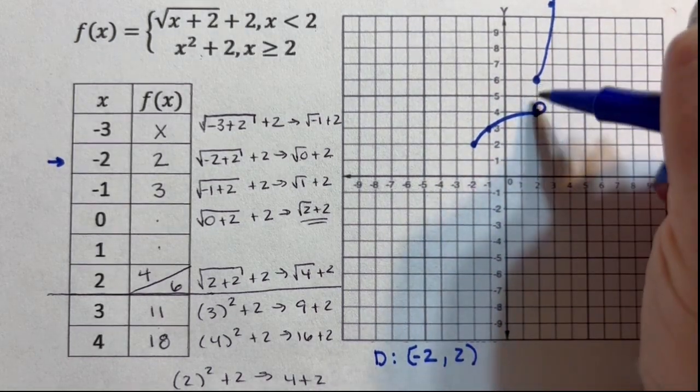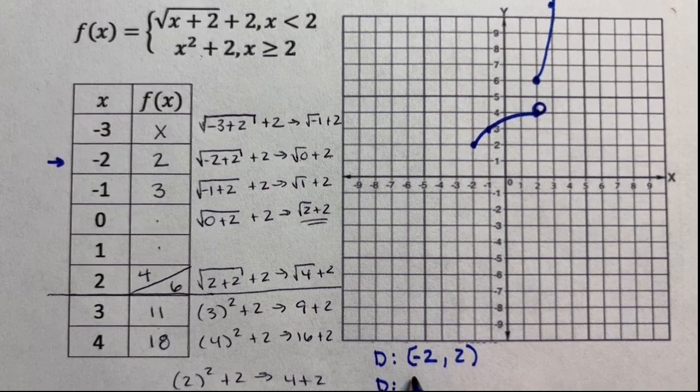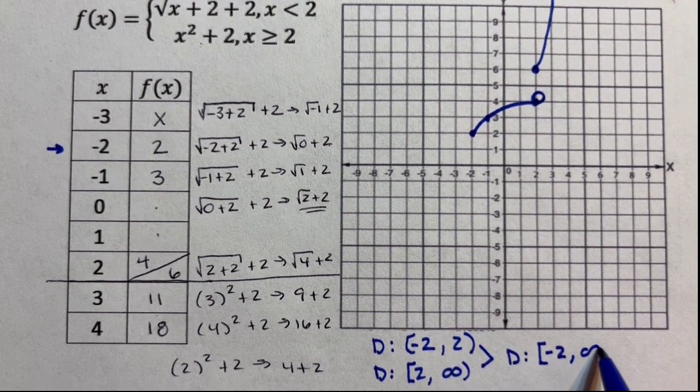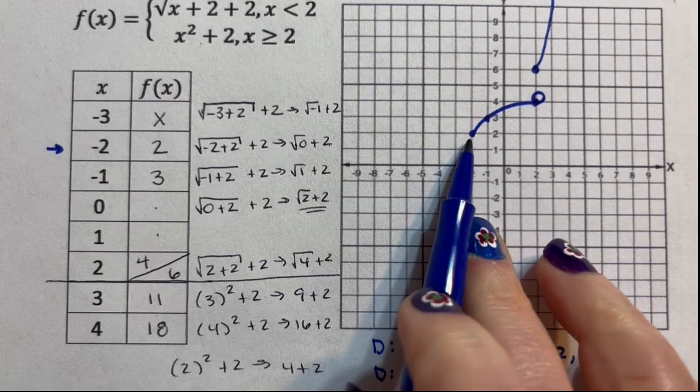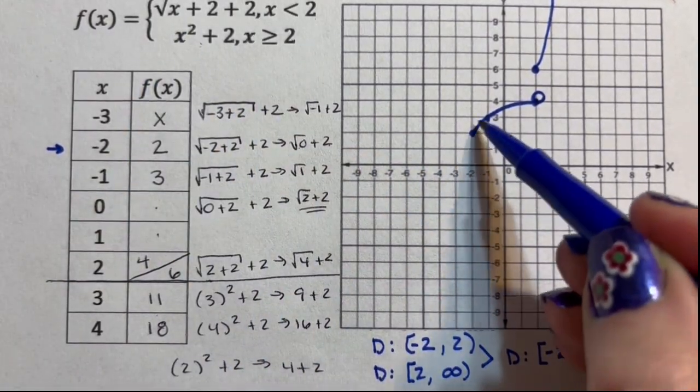And this part of our domain goes from 2 to infinity. But because the 2 exists on both of them, they will come together, so the domain is going to be -2 to infinity. I started at -2 because this is a square root graph. There's no arrow on this side.